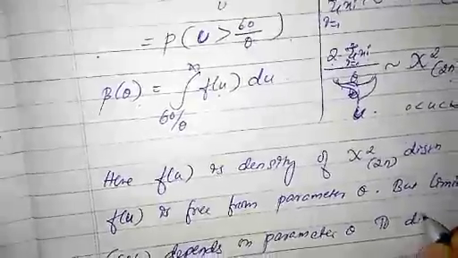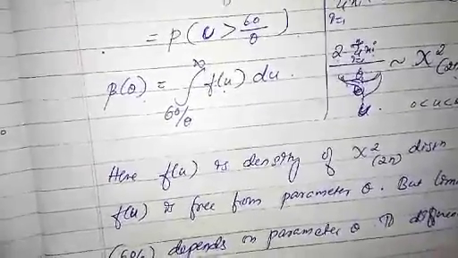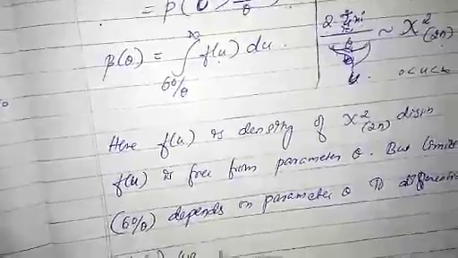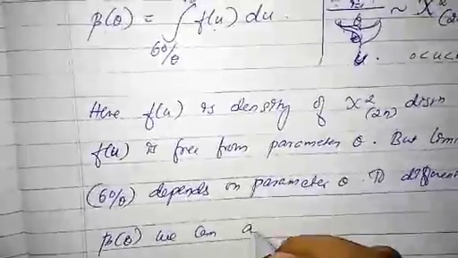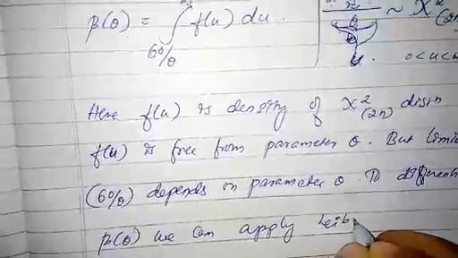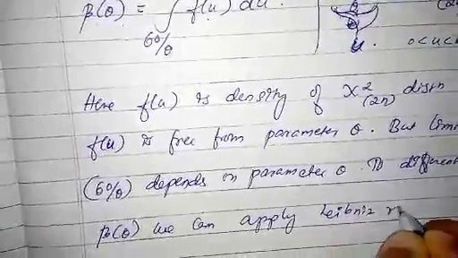To differentiate beta of theta, we can apply Leibniz rule. What is Leibniz rule?